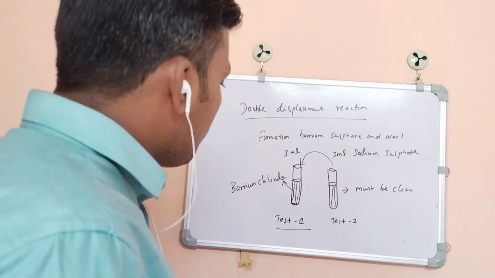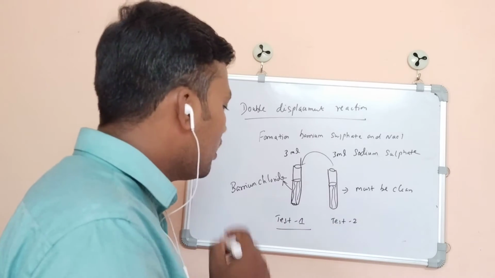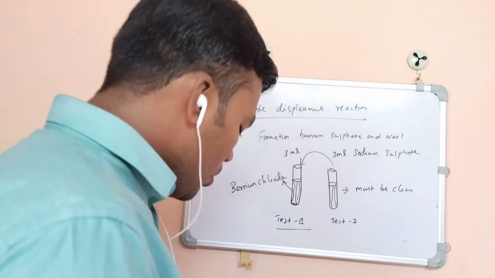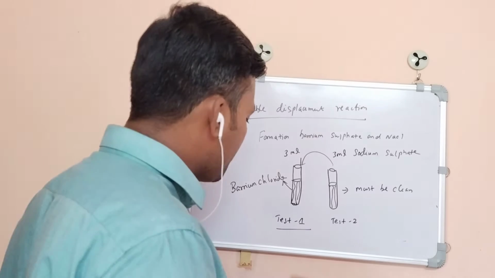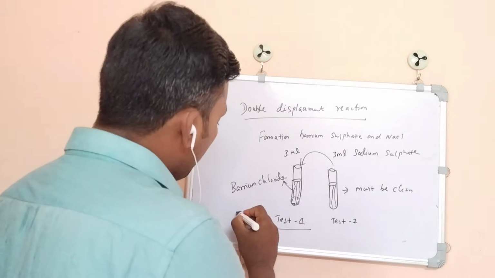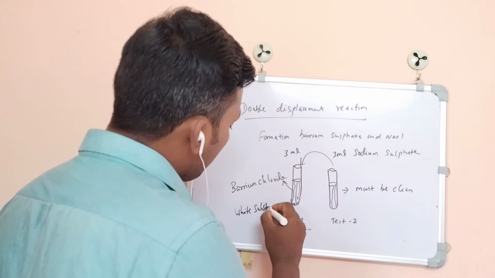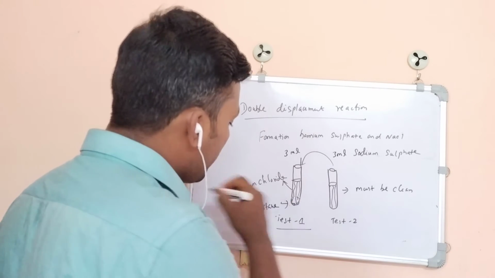After mixing the sodium sulfate and barium chloride, you can see a white colored substance at the bottom of the test tube.